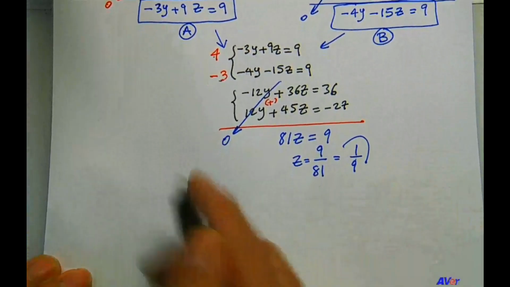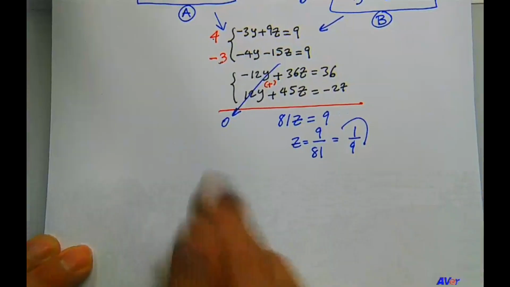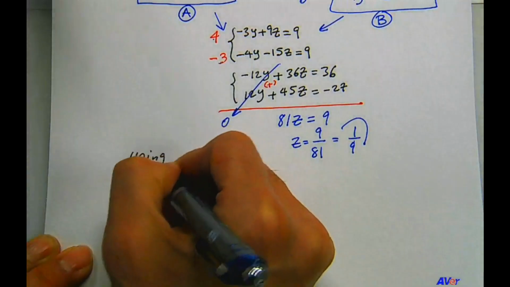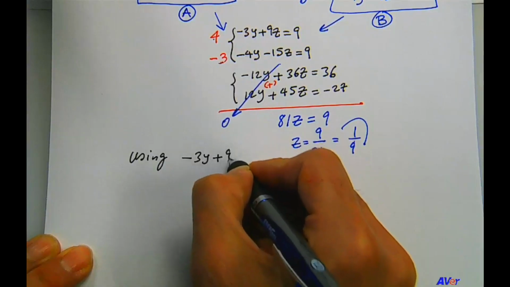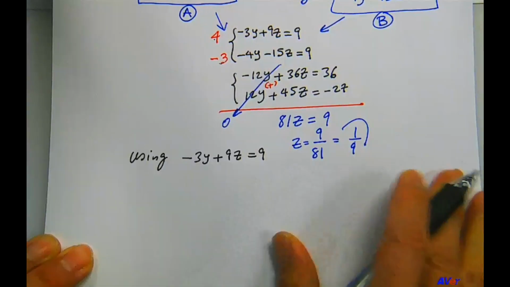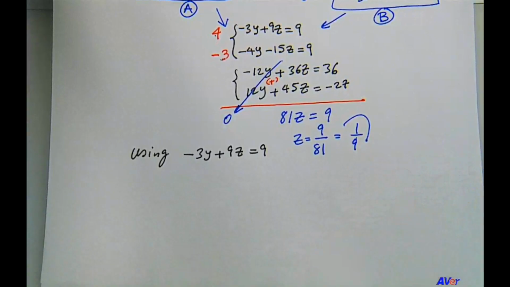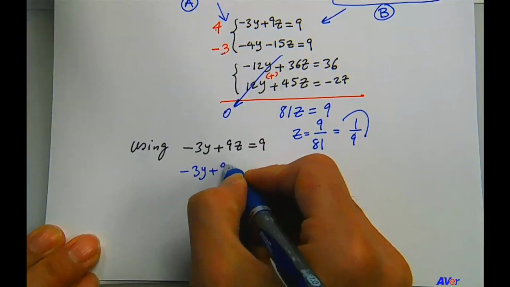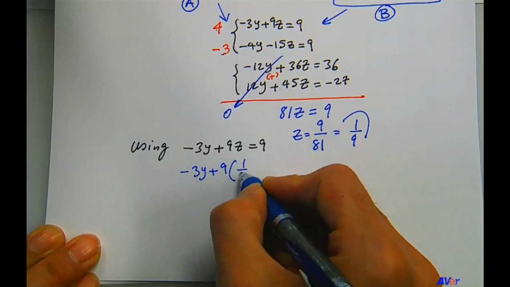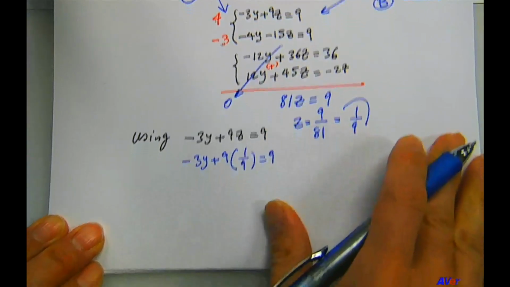So we're going to use minus 3y plus 9z equals 9, minus 3y plus 9 times 1 over 9 equals 9.